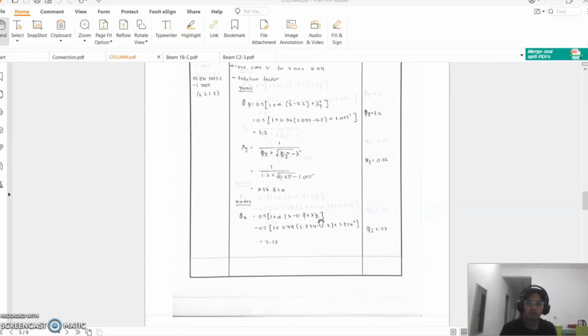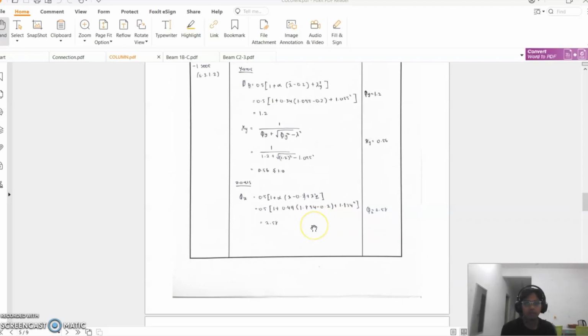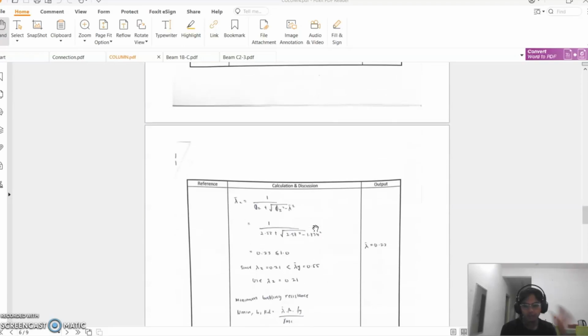For Z axis, the value is 2.58 and 0.23, also smaller than 1.0, so we use 0.23.